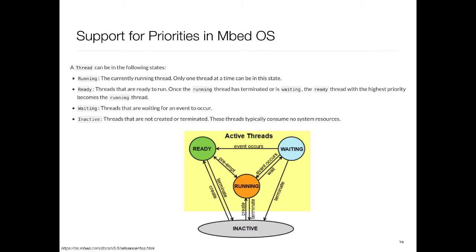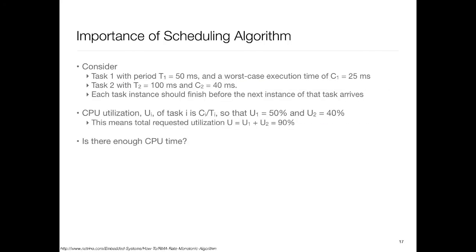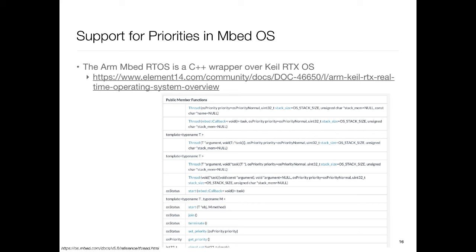Now, I just wanted to mention that the Mbed OS, which we saw the diagram about, is built on top of an underlying real-time operating system, so it does have the notion of priorities. Usually what operating systems do is they provide you some either preemptive or non-preemptive priority-based scheduler, but they don't tell you what the priority is.